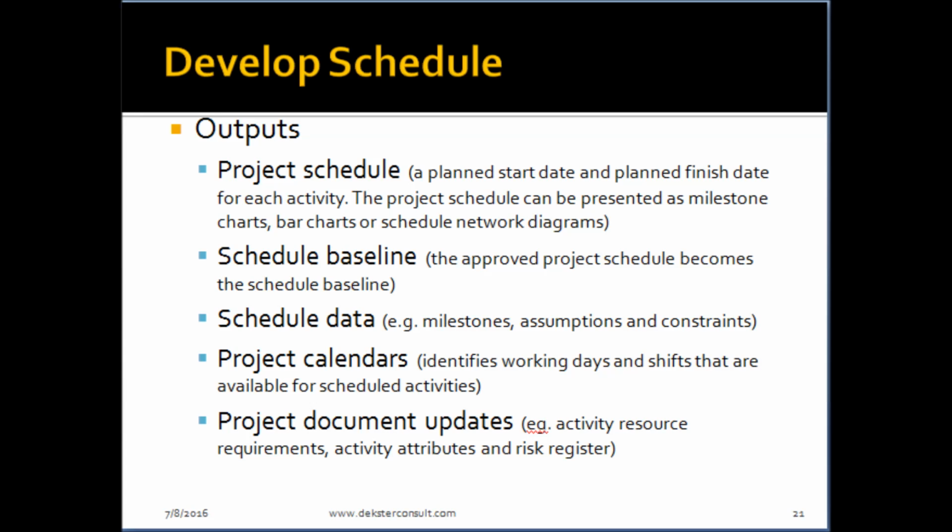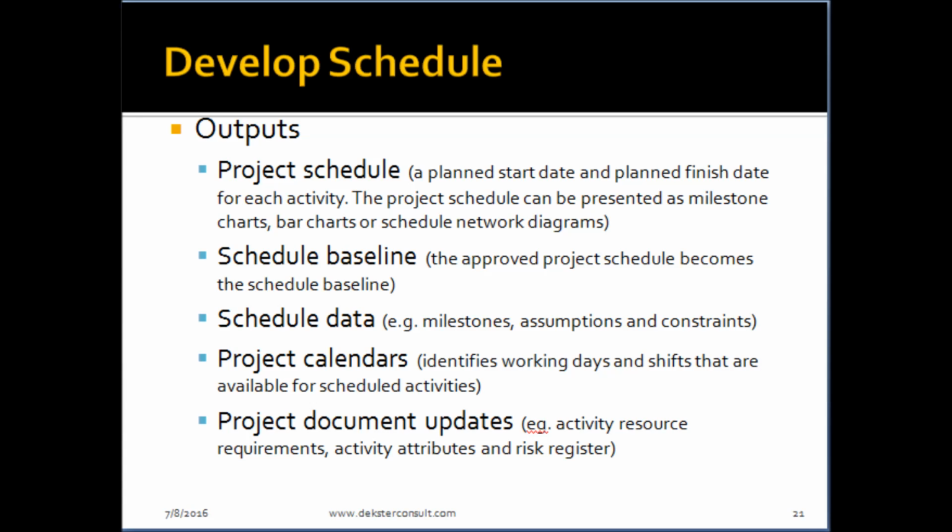Our outputs of the developed schedule process. Our main output there is a project schedule, and that is actually our main aim of time management. Once we have our project schedule and it is approved, it becomes our schedule baseline.